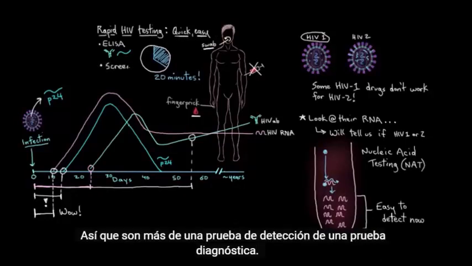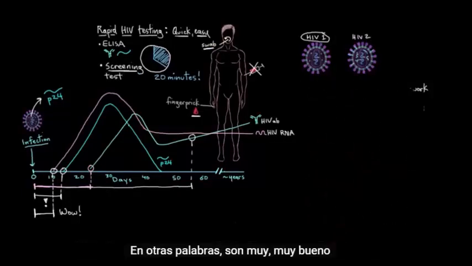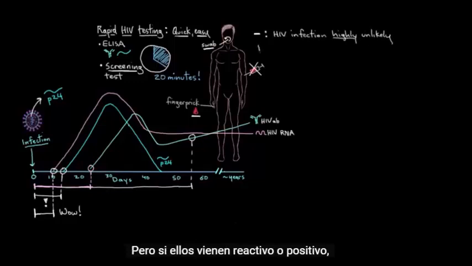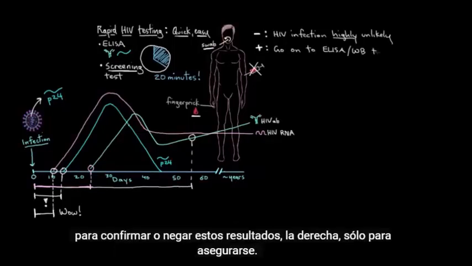So they're more of a screening test than a diagnostic test. In other words, they're really, really good at detecting true negatives, so if it comes up negative, it's highly likely that you do not have an HIV infection. But if they come up reactive or positive, then you'd have to go through the conventional diagnostic tests to confirm or deny these results, right, just to make sure.